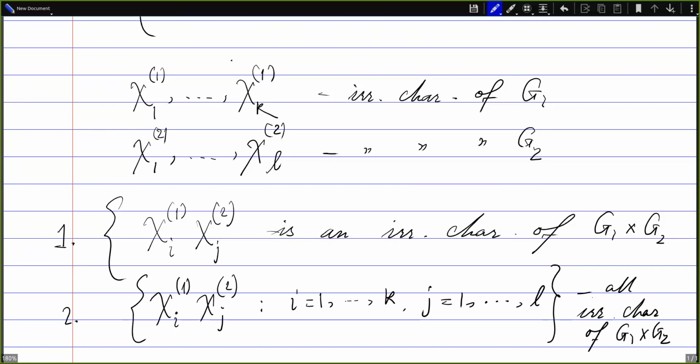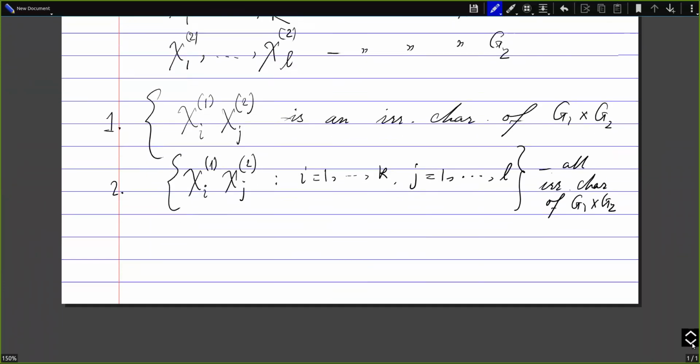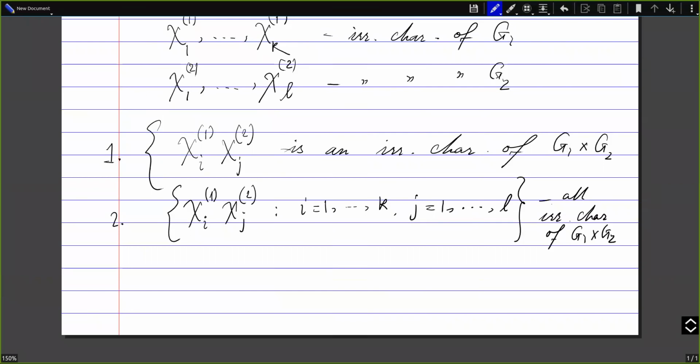So from here we can immediately see that all irreducible representations of the direct product are precisely given by the tensor product of irreducible representations of G1 and irreducible representations of G2. Thus, you have all the irreducible representations of G1 direct product G2.